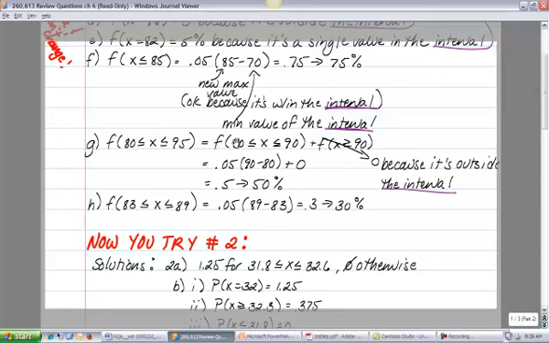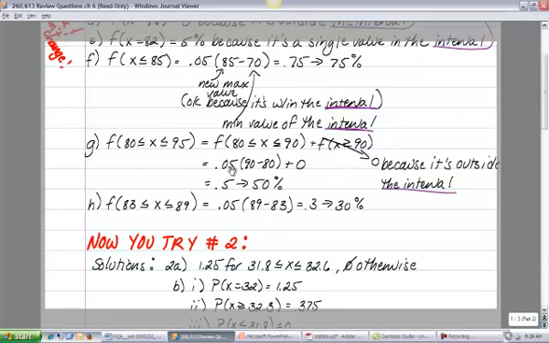The probability of x having a value between 80 and 90, and the probability of x having a value greater than or equal to 90. I also could have written between 90 and 95. That would have been acceptable as well. And you can see the probability of any variable outside the interval is by definition 0. So I just made that a 0 right away.